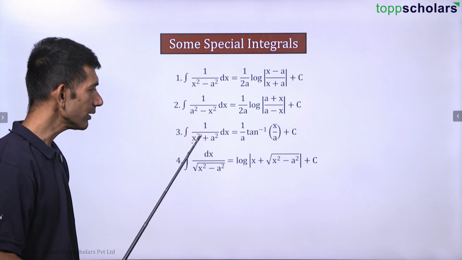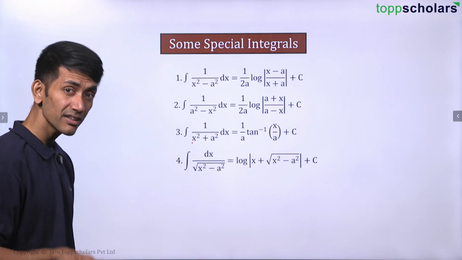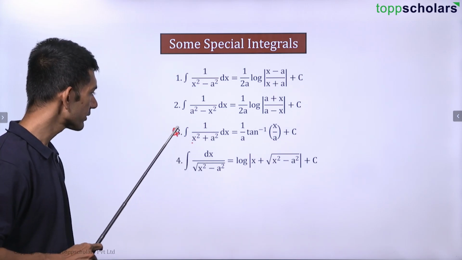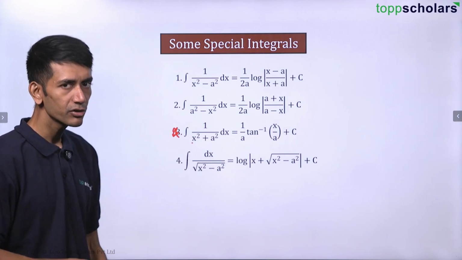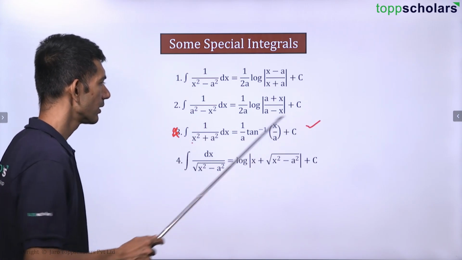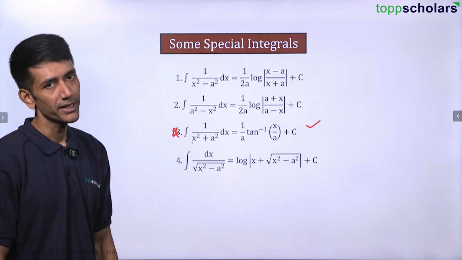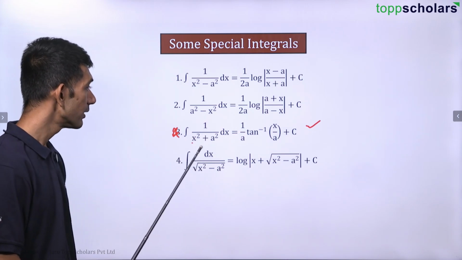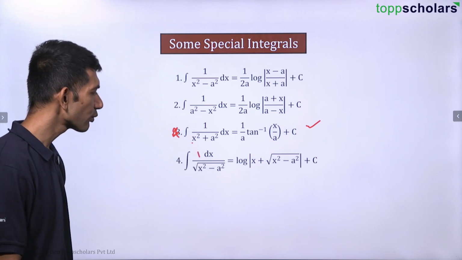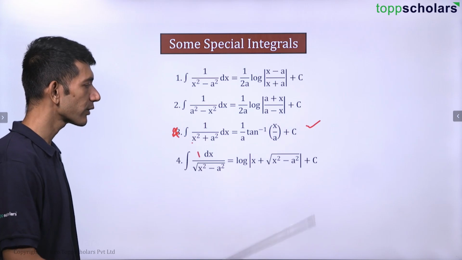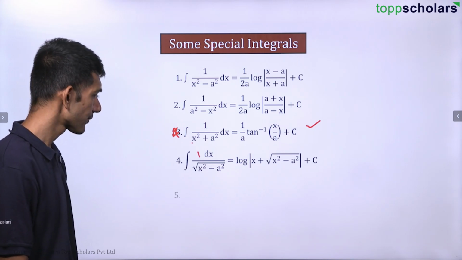Then we have 1 by x square plus a square. X square plus a square and a square plus x square are the same thing. Whatever combination you get doesn't matter, it is 1 by a tan inverse x by a plus c. If you have under root, 1 by under root x square minus a square, that is log of x plus square root of x square minus a square plus c.